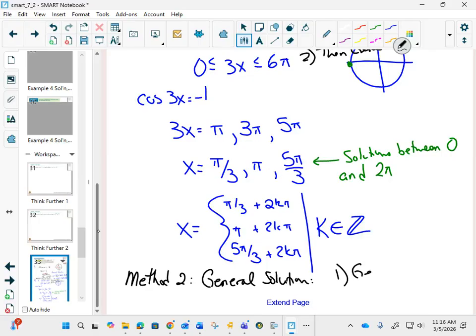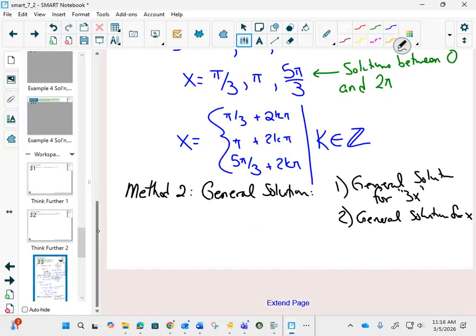Method 2, we do the general solution for 3x first, and then do a general solution for x. Method 2 will come up with a more elegant answer, but it's different than what we've done so far, okay?